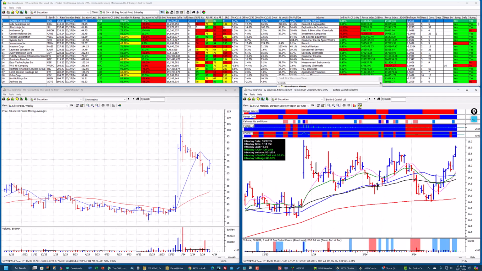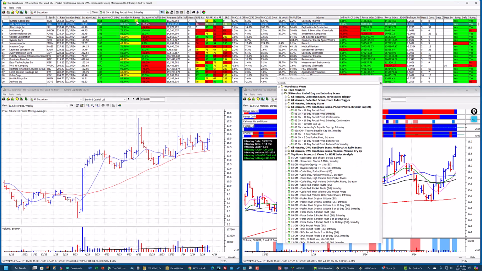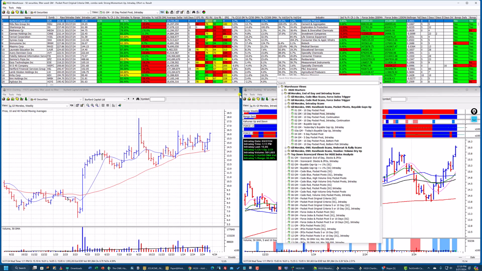So if I bring this up, which I just did, you can see that it's up 2.51% today on the intraday, trading near the top of this range, and it's trading above the volume.